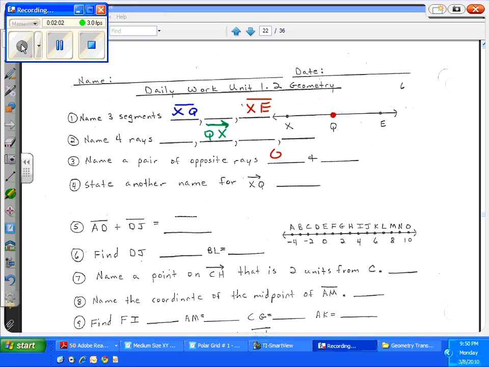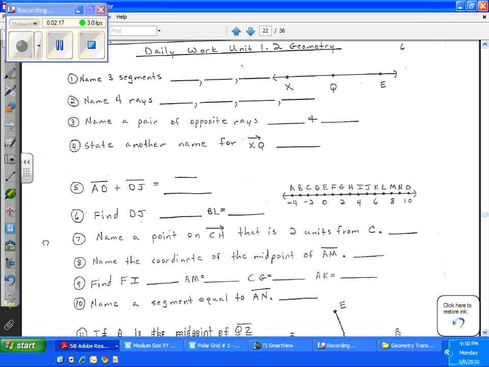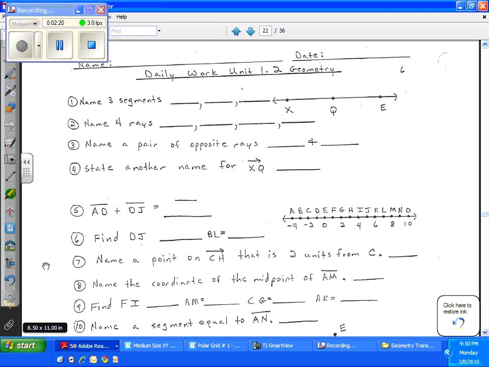So it's going to be ray Q something and ray Q something. They have that common endpoint and they're going in opposite directions. Name ray XQ another way, and you can handle that one.